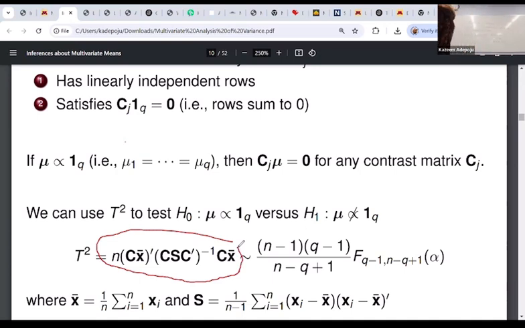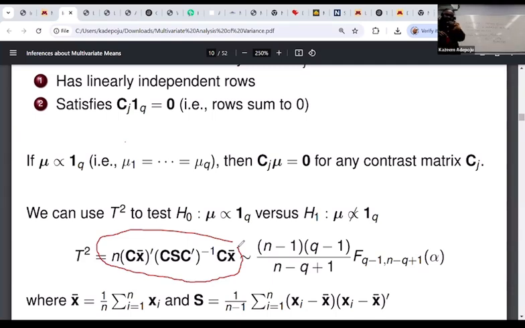You're going to see that it is a combination of the C, the contrast that I talked about the other time. You can see n, C X-bar, and everything is in terms of C and X: the sample covariance and the sample mean vector.